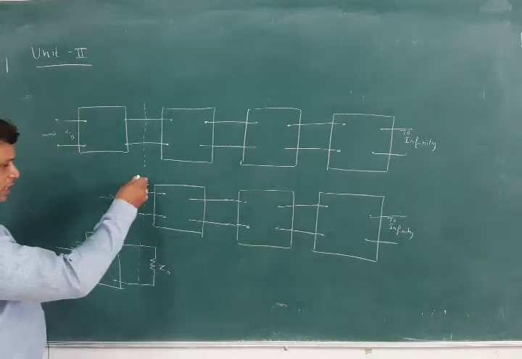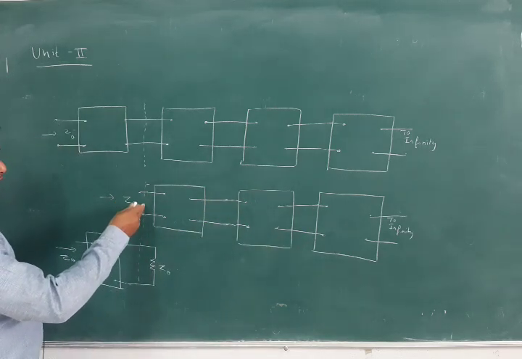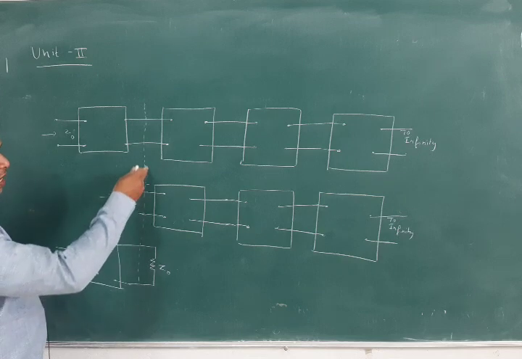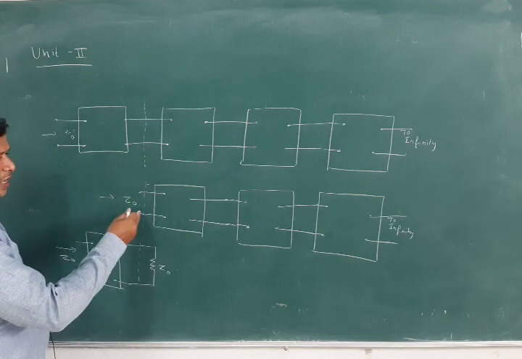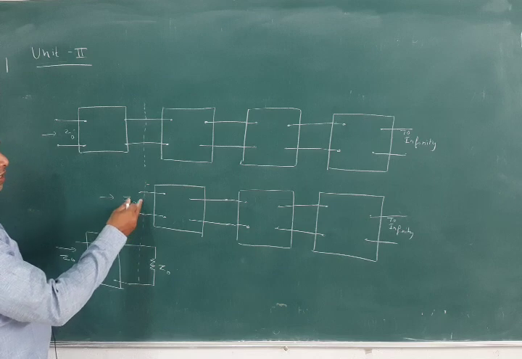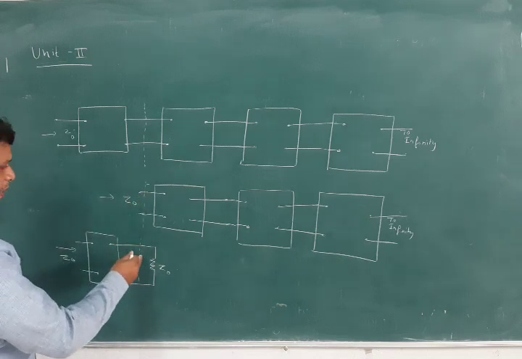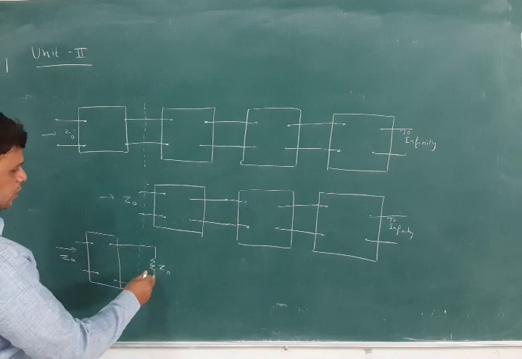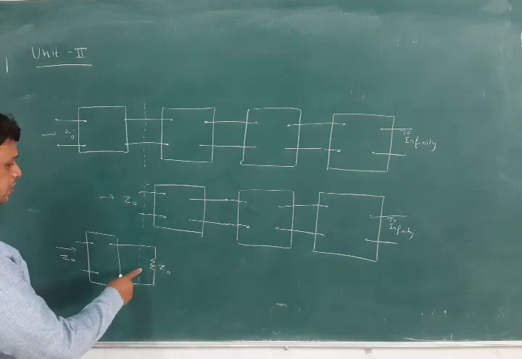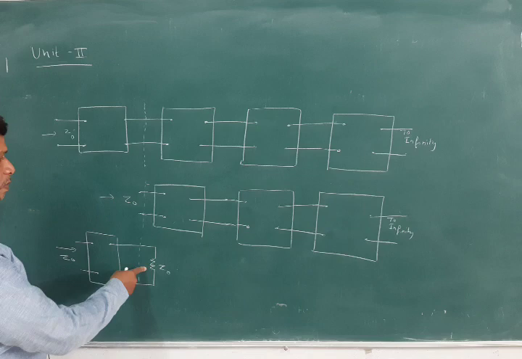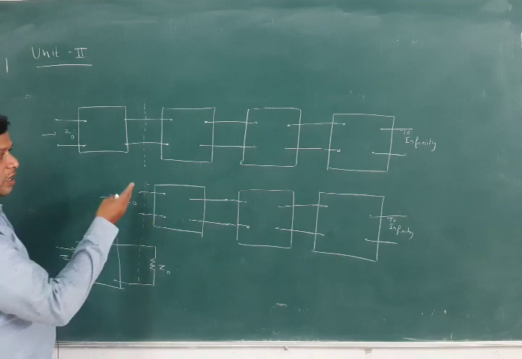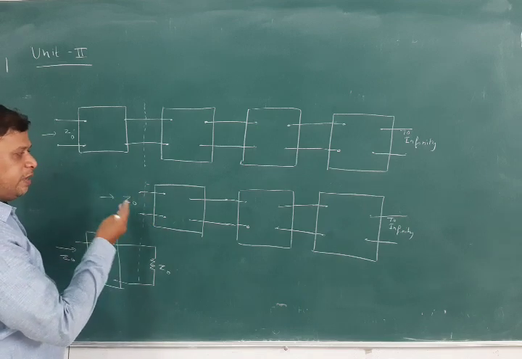So at this Z0, at this characteristic impedance, we say that it is terminated at Z0, the characteristic impedance. So it is being disconnected at the characteristic impedance. This characteristic impedance can be represented by Z0 here. The chain of networks can be represented by Z0 itself. Why? Because even though you are cutting one network or two networks, it is remaining Z0 only.